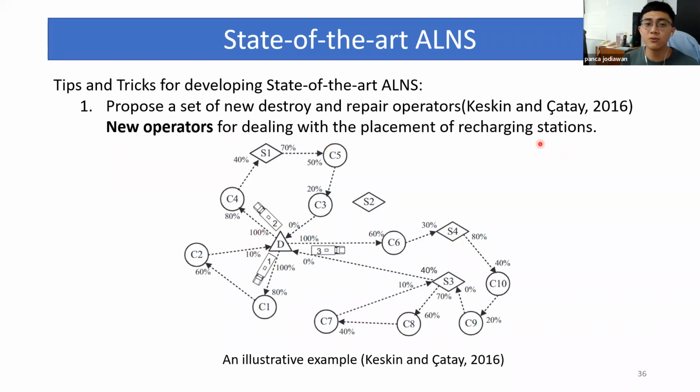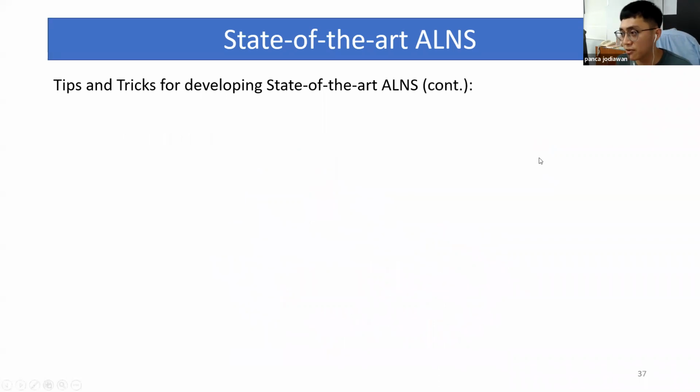So when you do your research later and plan to develop the ALNS, and your problem is new, there is a possibility for you to develop a new destroy and a new repair operator based on the characteristics of the problem. That is the first one.